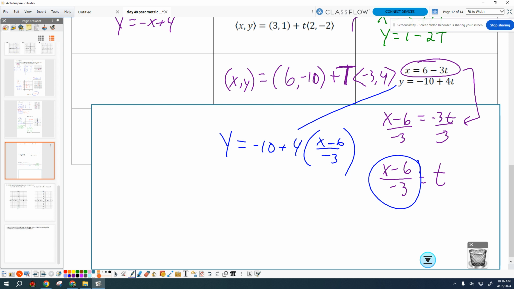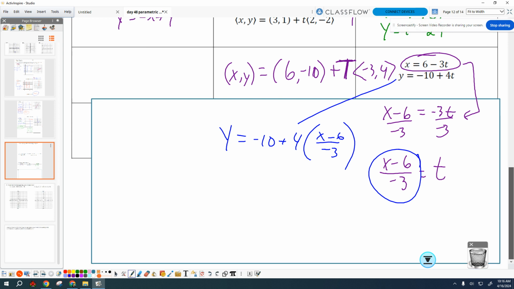For t, where we set x minus 6 divided by negative 3, can we split that up so it looks like x over negative 3, plus? Okay, I was about to ask. Guys, you cannot leave your answer like this on the quiz. This is a mess. You need to show me that you can do math.